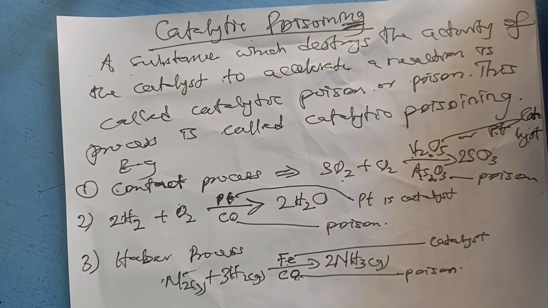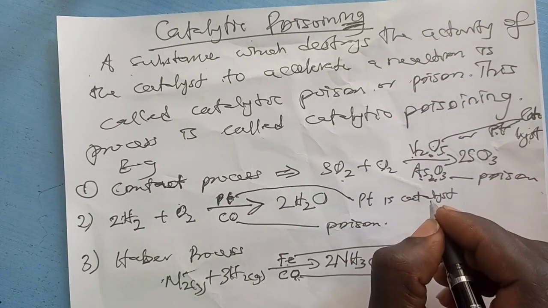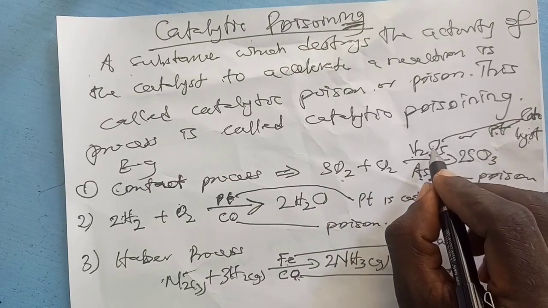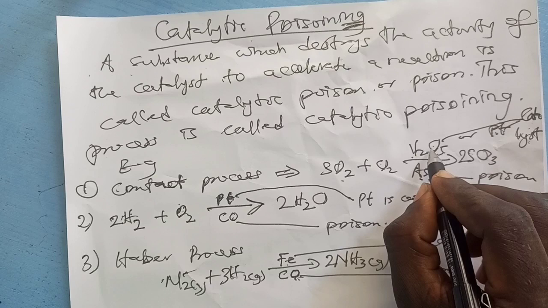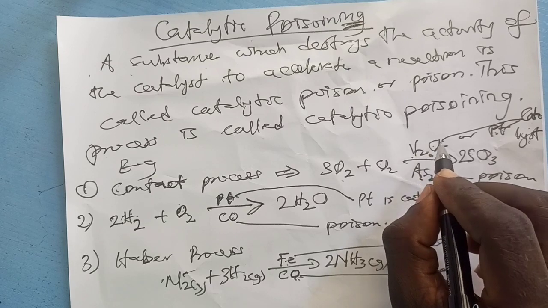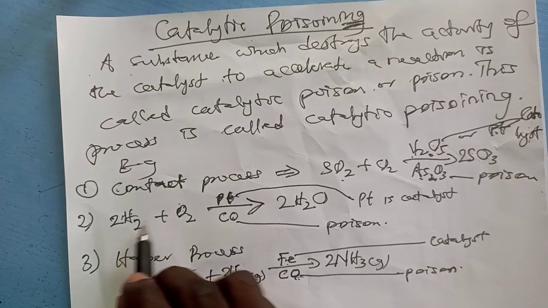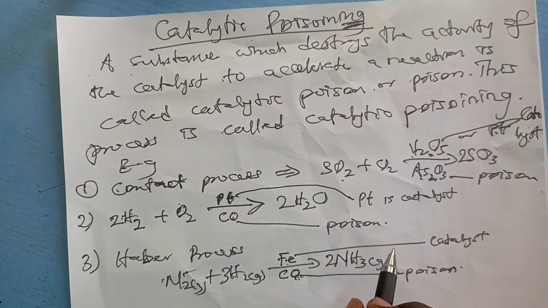They form a chemical bond at the surface of the catalyst, called the active site. Okay, this also does the same thing, and this also does the same thing. But what does the poison now come to do?